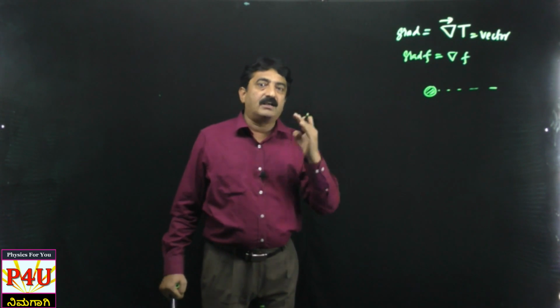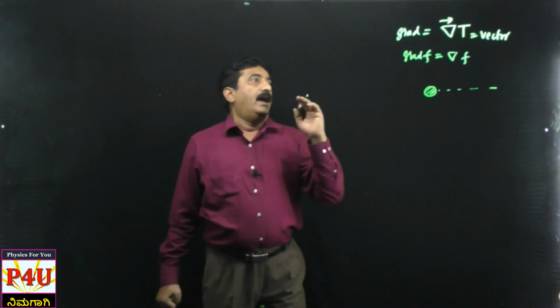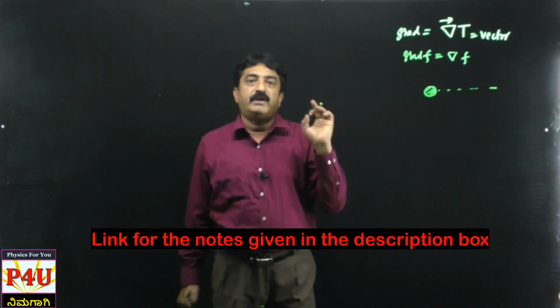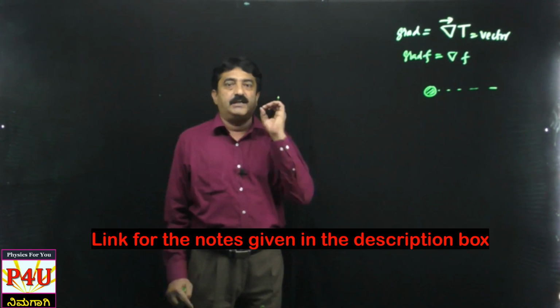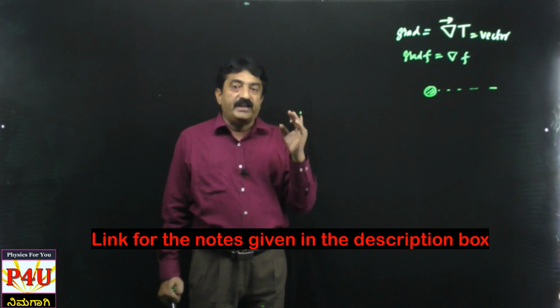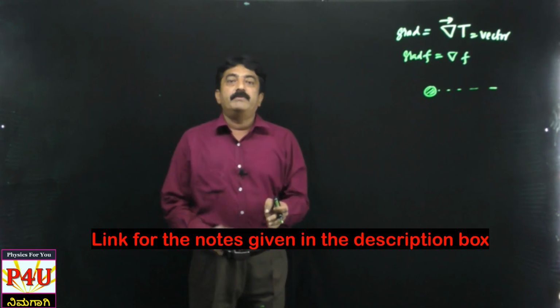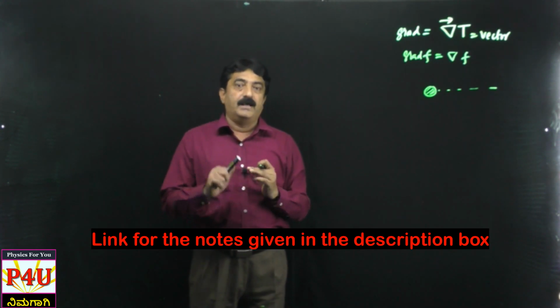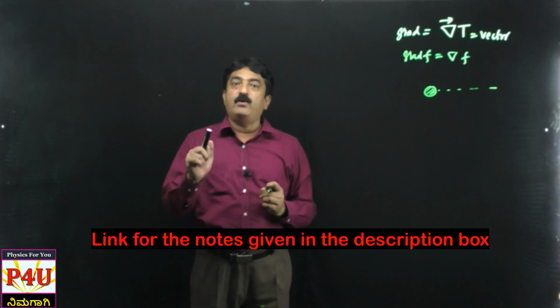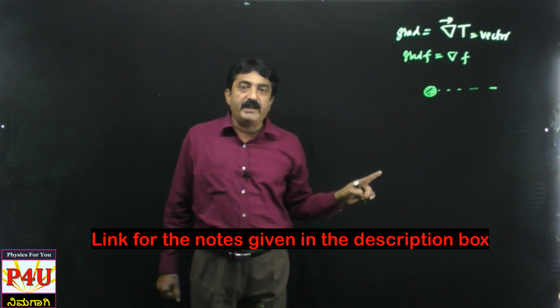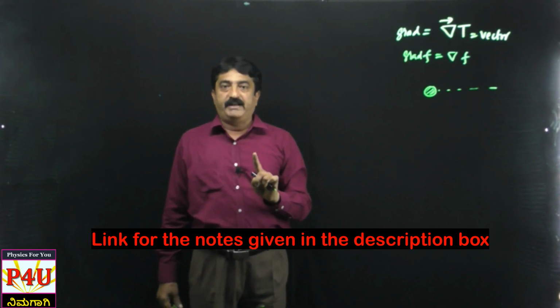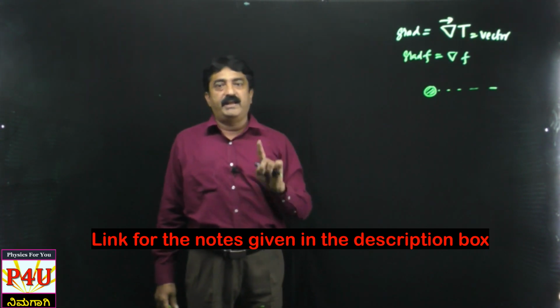That word grad comes from gradual. Del T can be positive, negative, or zero. Zero means there is no change. Positive means the field is increasing, negative means the field is decreasing, and gradient has meaning only when it is operated on a scalar. There is no meaning for gradient of a vector.